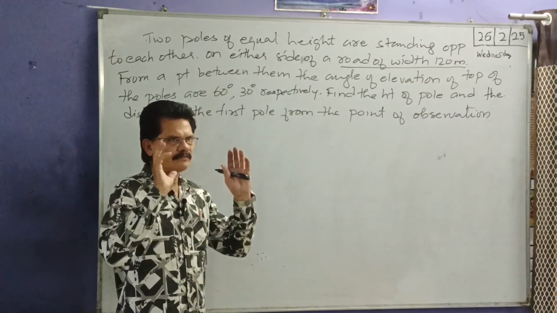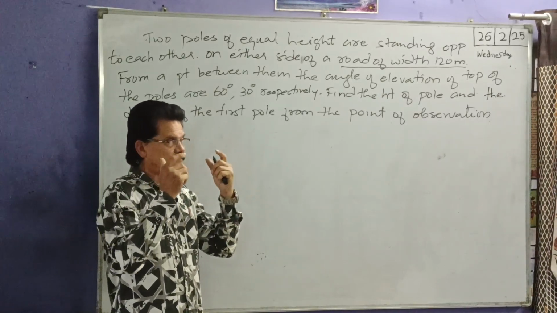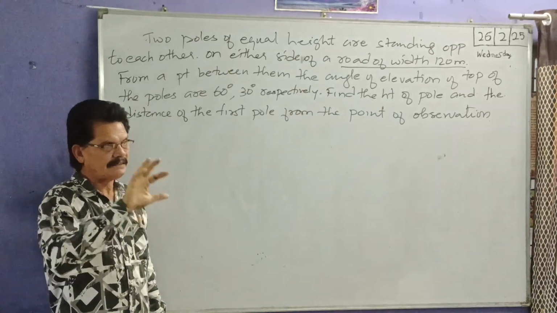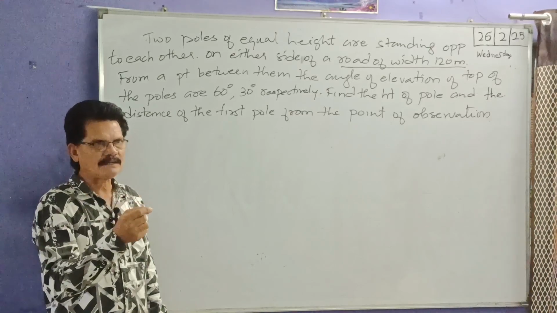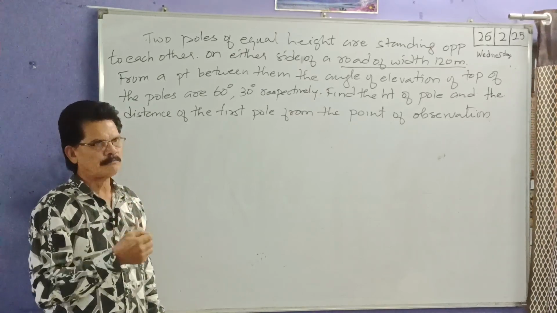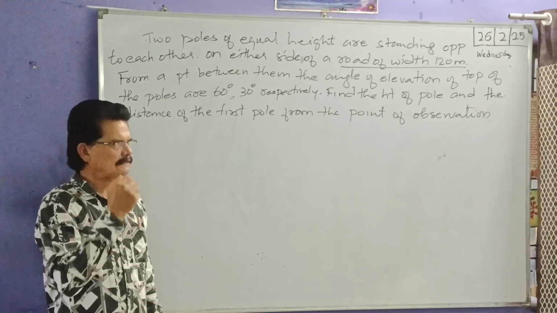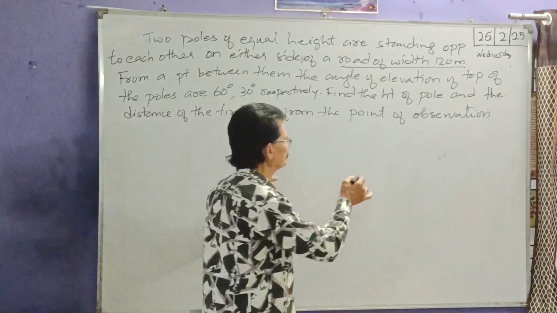So you understood, you are having a mental idea of the diagram. The point should be nearer the first pole. It has to be far away from the second pole. So like that we have to draw a diagram. Okay, like this.